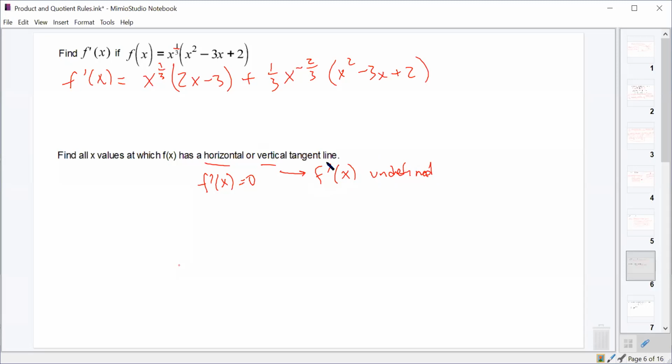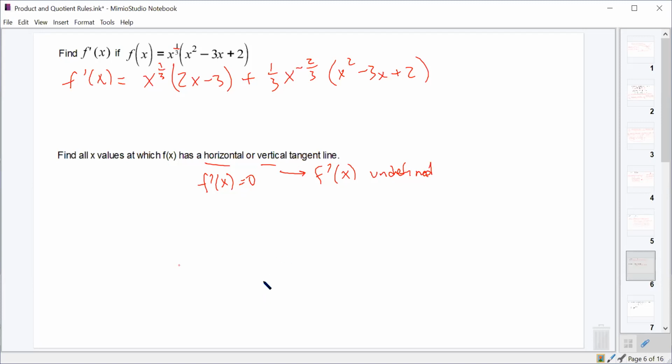So looking at this, can you tell me all values of x that make this equal to 0 and make it undefined? Just by looking at this in this form? Probably not, right? That's a little bit of an issue. So we need to work on some of our algebra skills to make sure that we can convert this into a form that makes it easy to see if this derivative is 0 or if this derivative is undefined.